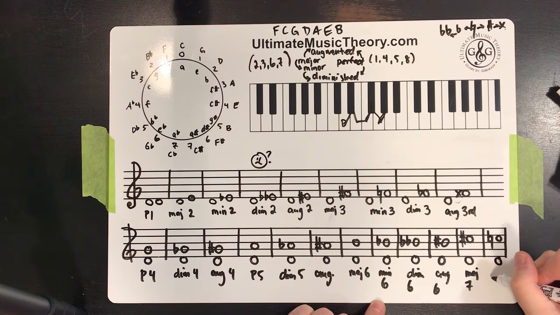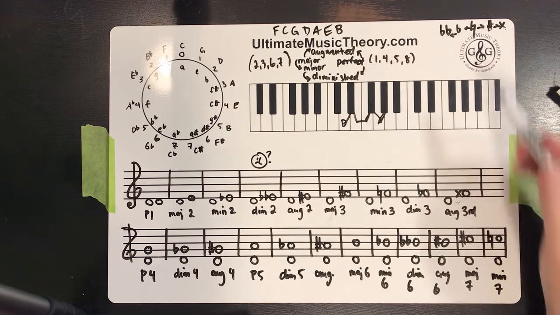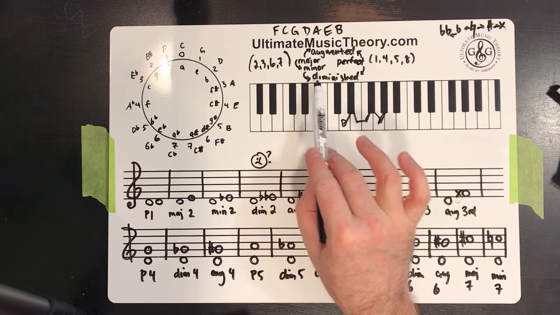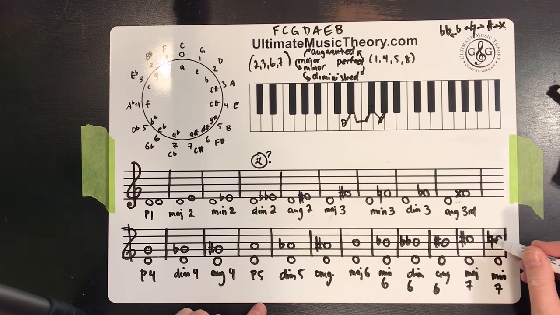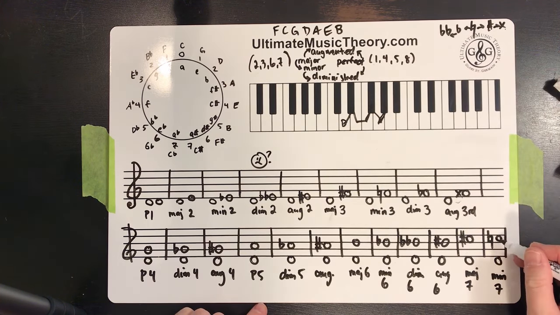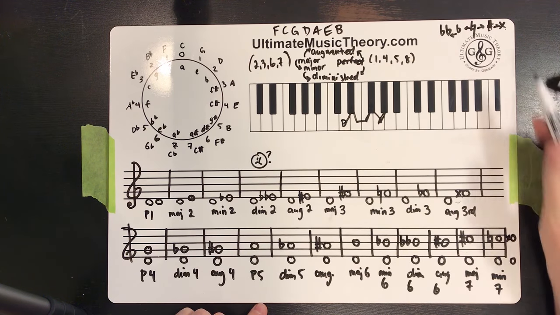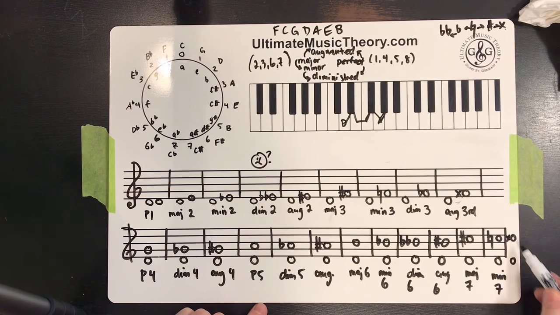So now this is a minor seventh. And then of course, if we wanted to go from minor to diminished, we would instead add a flat, because natural goes down to flat. So D to C flat would be diminished, and D to C double sharp would be augmented.